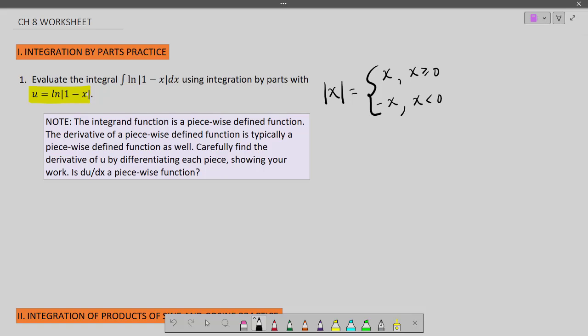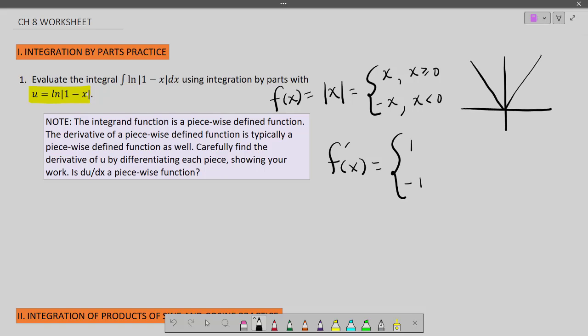But when you differentiate this, let's just suppose we call that f, the derivative of a piecewise defined function depends on which piece you're on. The derivative of a piecewise defined function usually is a piecewise defined function. And when we look at the graph of the absolute value function, the derivative represents the slope.